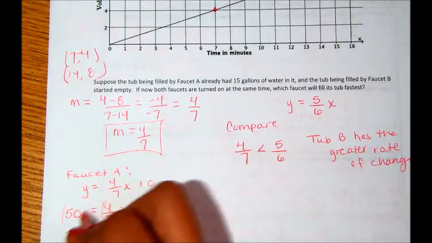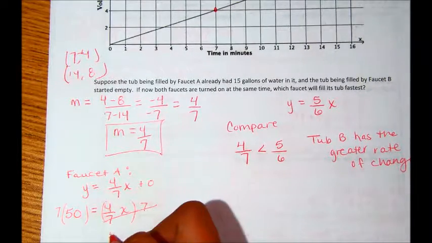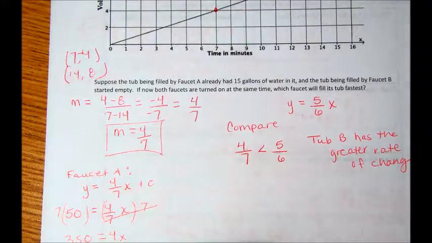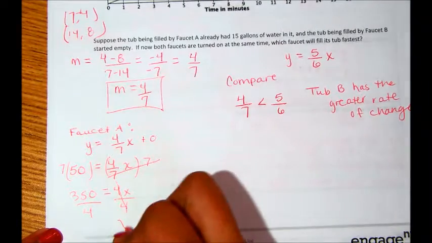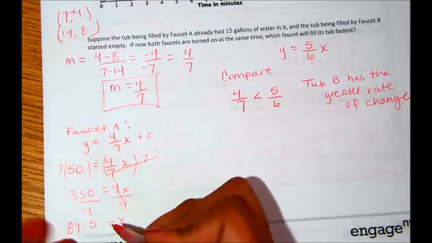When I multiply the left side and right side by 7, I am going to cancel out my 7. X is equal to 350. I want the x alone, so I'm going to divide by 4. X is 87 and a half.